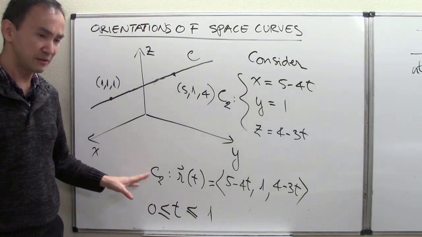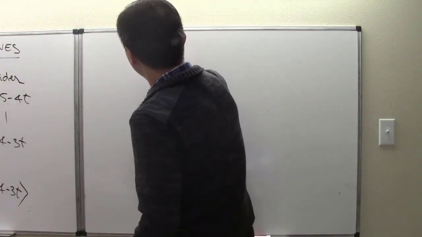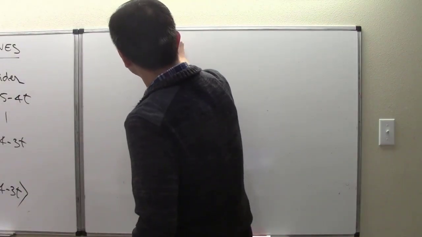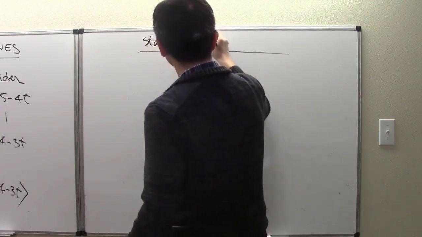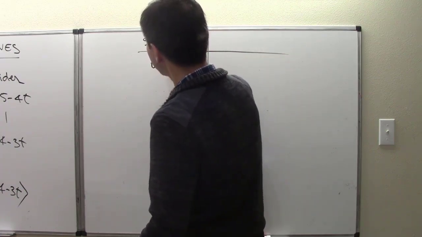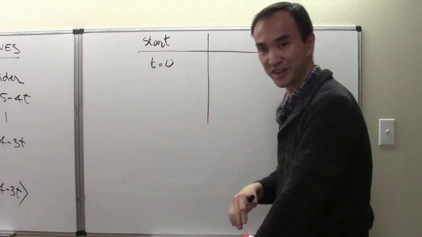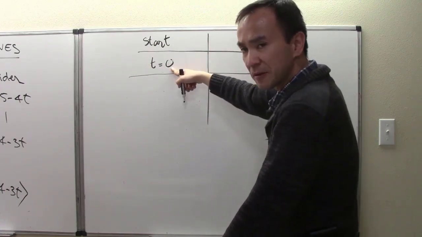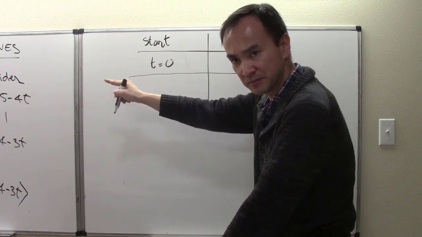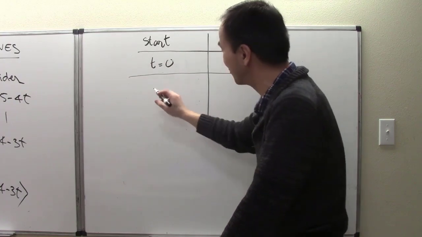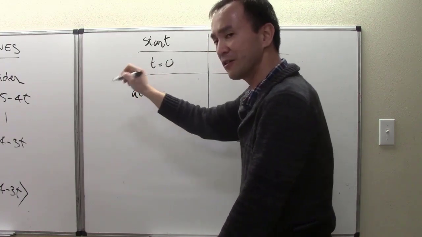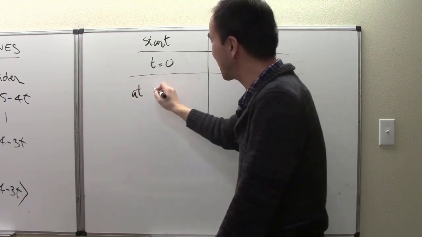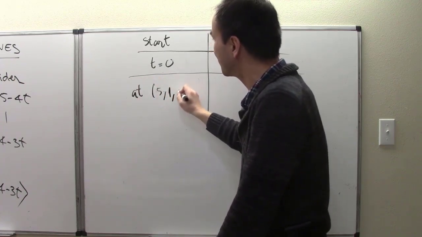But now think about this. We start our t parameter at t equals 0, just like in the interval. But that means when we substitute this t into the parameterization we're currently at, then physically on the path, we will be at the point (5, 1, 4).